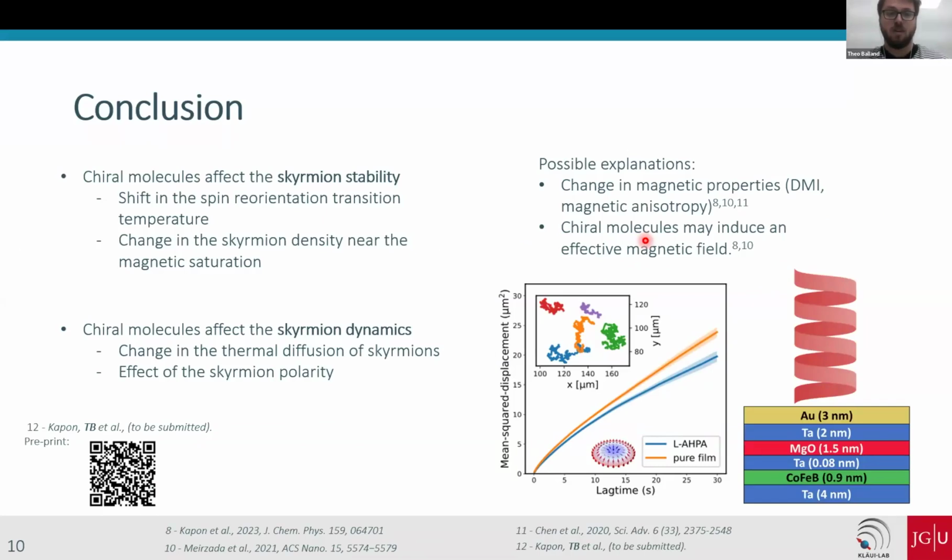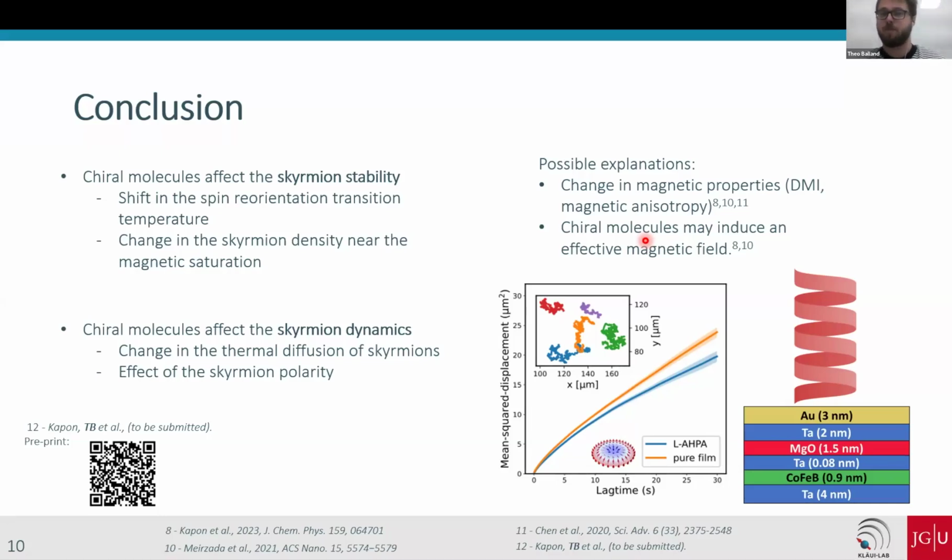And for the Skyrmion dynamics, there's a clear change in the thermal diffusion of the Skyrmions. And depending on the polarity of the Skyrmions, this tuning of the diffusion changes.